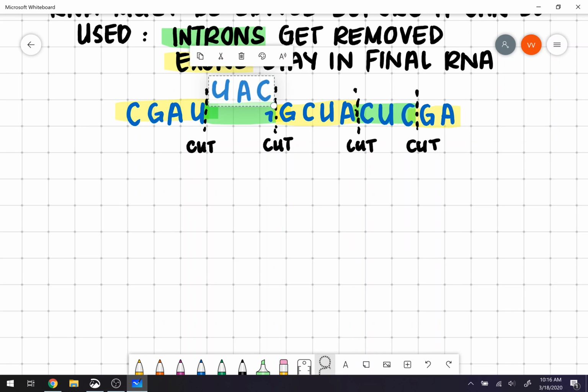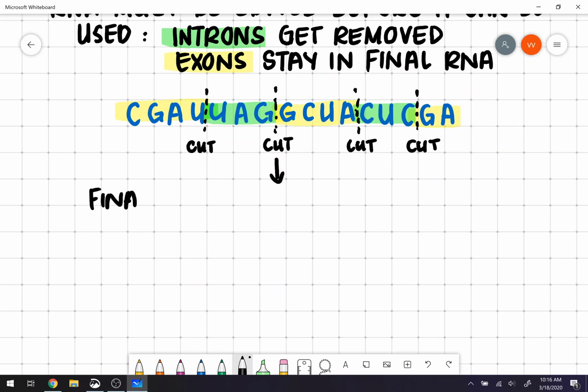Okay, well, you get the idea. These things are going to get cut out, and the final RNA molecule will not contain any introns at all.